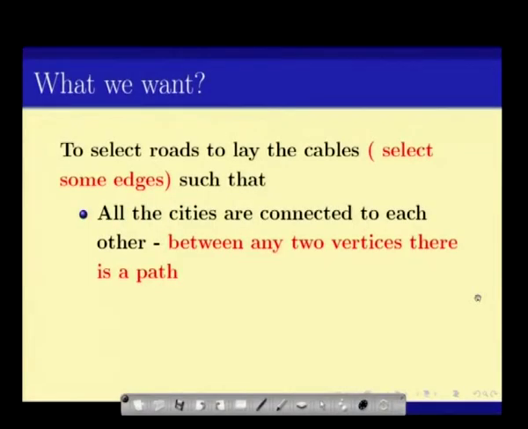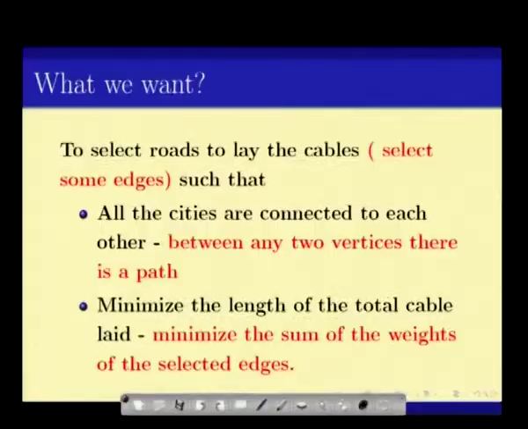So, we have the cities, and we have the distances of the roads, which basically tell us how much cable is required to be laid between two adjacent cities. The goal is to select some set of edges such that for any two vertices there is a path using those edges, and we want to minimize the length of the total cable laid.